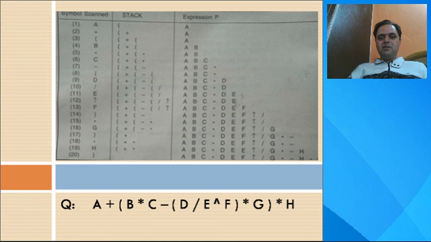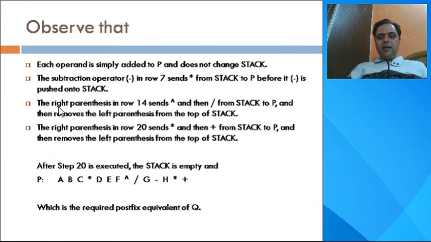So from row 7 what we found, first multiplication is popped and added to P, and then minus is pushed onto the stack. The right parenthesis in row 14 sends power and then divided by from the stack to P, and then removes the left parenthesis from the top of the stack.